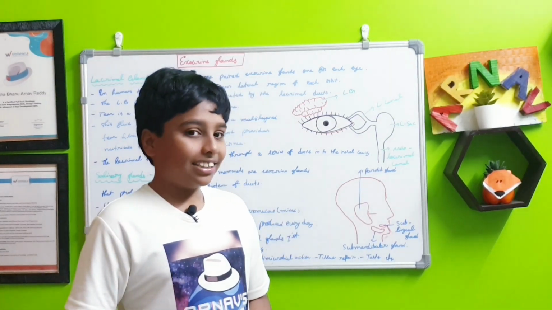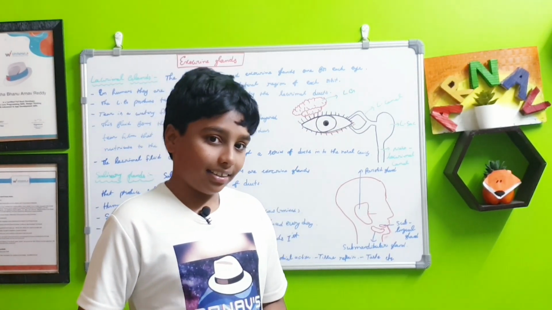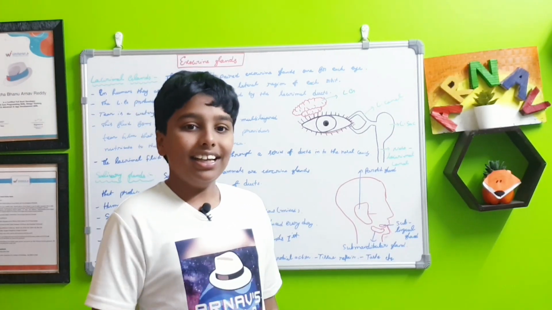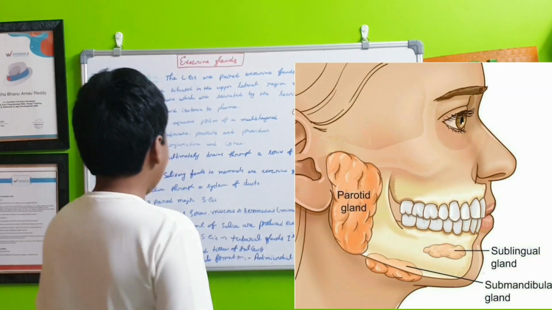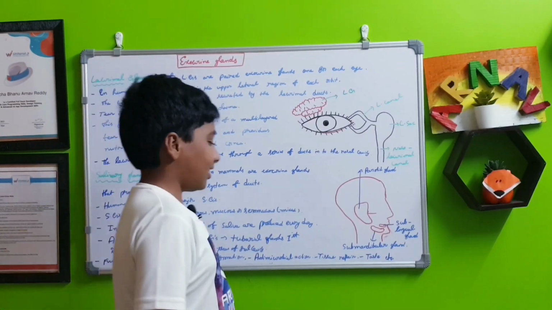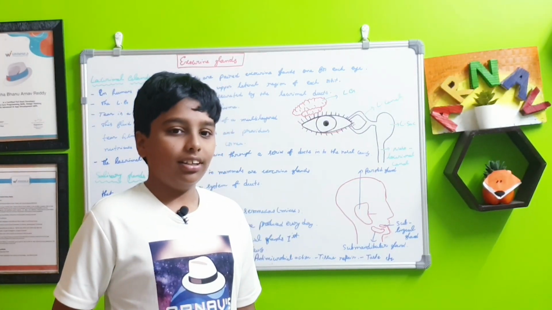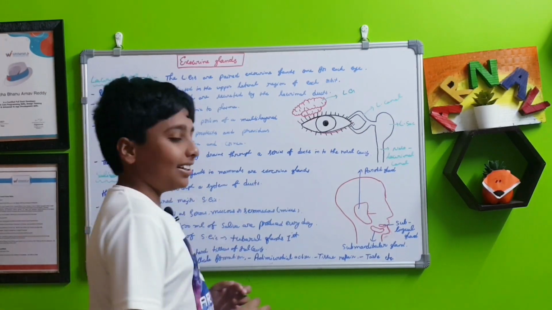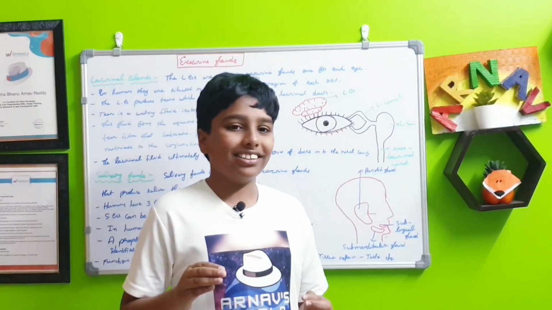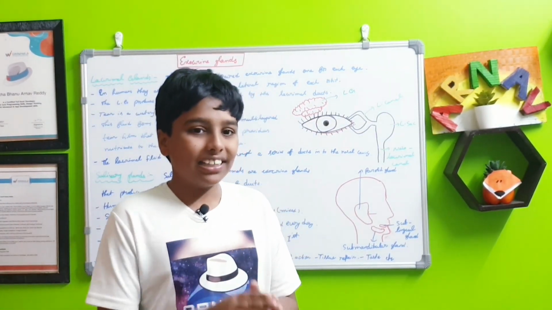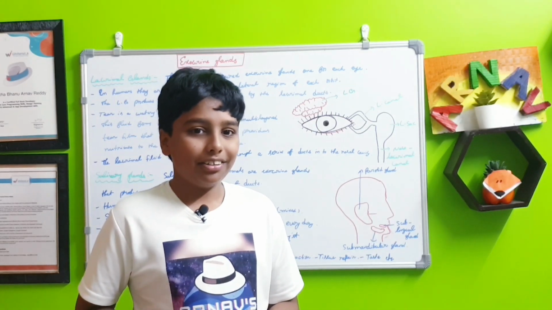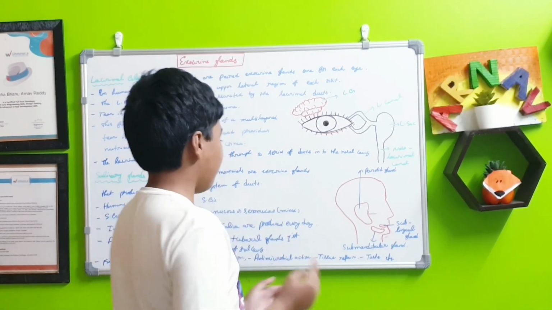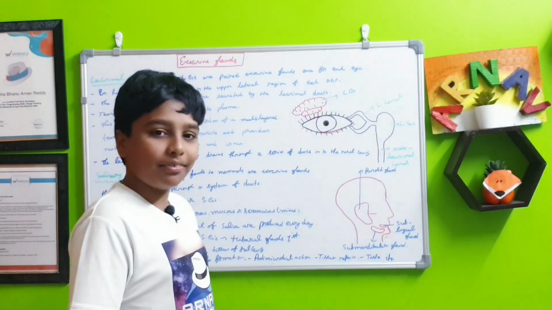If the liquid is like serum, then the gland which makes it is a serous gland. And the mucous glands are the glands which produce mucus. Saliva is a mix between the serous and the mucous, a combination: seromucous, which is our saliva.